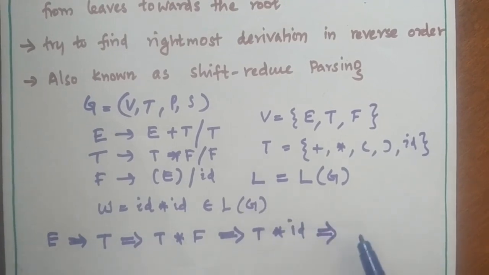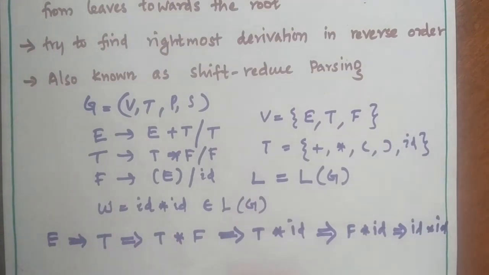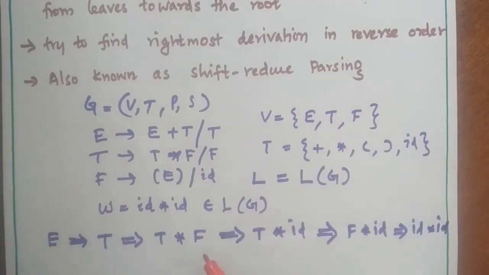The next rightmost non-terminal is T, so I will expand T by F, and finally I will get ID star ID. In each step of the derivation, I have replaced a non-terminal with the body of a production. By using a production, I have replaced the rightmost non-terminal. That is why it is a rightmost derivation.